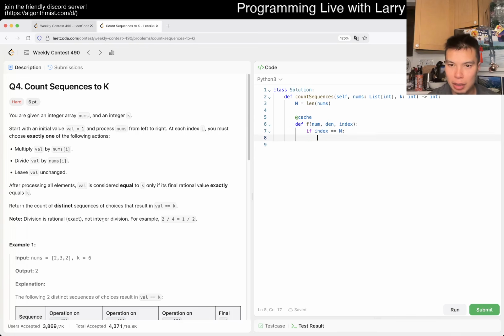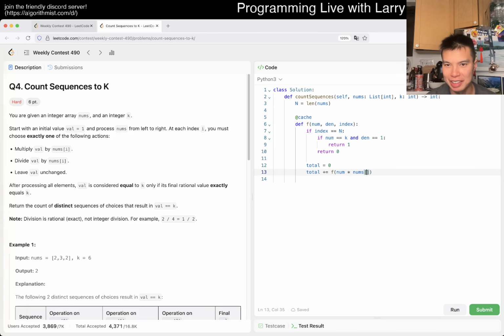Okay, fine. If num is equal to k and index is equal to 1, then we return 1. Okay. Now we just, what's it called, multiplier of num times num.